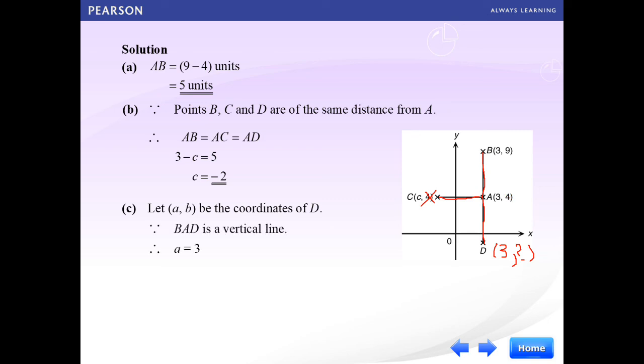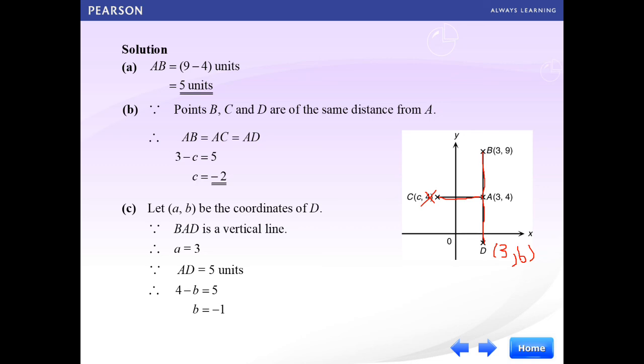As BAD is a vertical line, A's x coordinate must be 3. And also you know AD equals AB and AC, so AD is 5 units. And at this moment, your unknown here, you want to make it small letter b, and this point D is below point A, so this 4 must be larger. 4 minus b equals 5, so that you can find the value of b, -1.